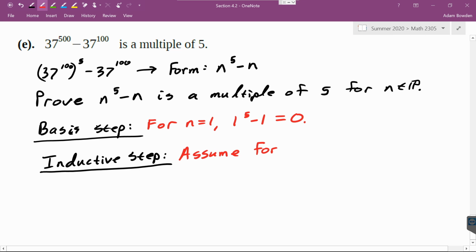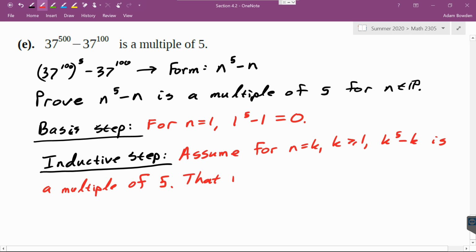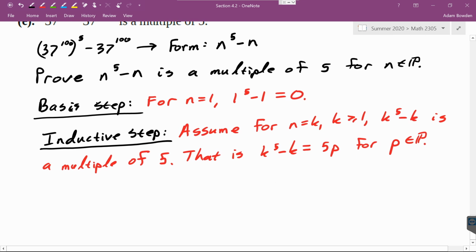So assume for n equals k, k is greater than or equal to 1, that k to the fifth minus k is a multiple of 5. That is, we can then say that k to the fifth minus k is equal to 5p for some positive integer p. This is a multiple of 5. So now we have to prove that it's true for k plus 1.